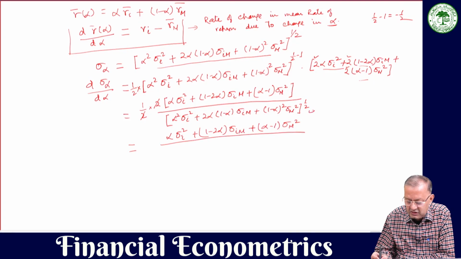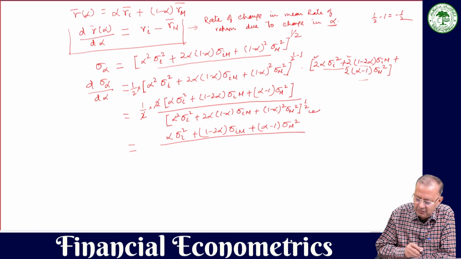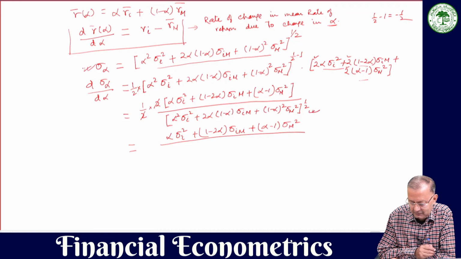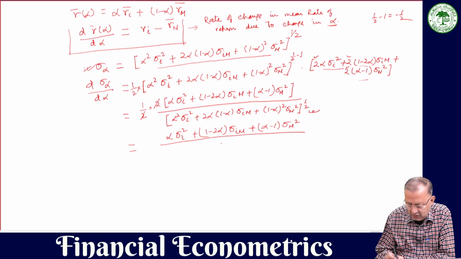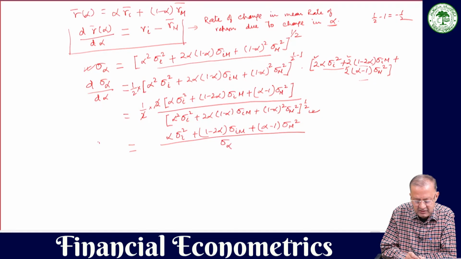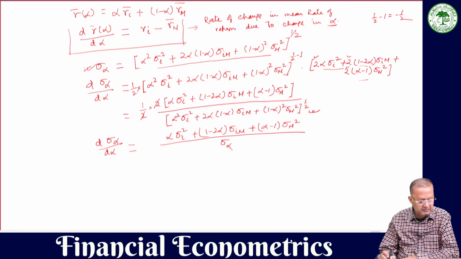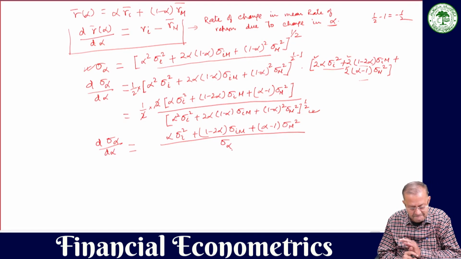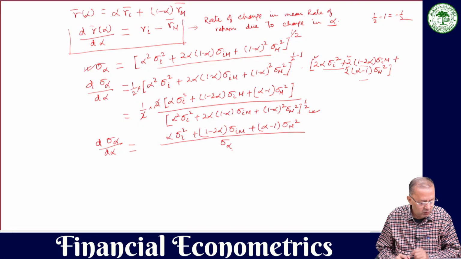What is this term in the denominator? This term in the denominator is nothing but sigma alpha. So what is the final result? D sigma alpha upon d alpha is equal to this much. Clear?